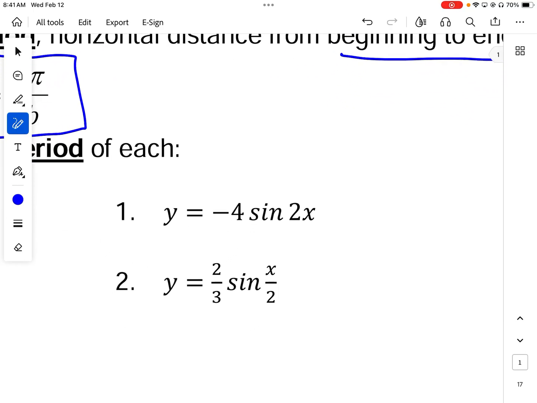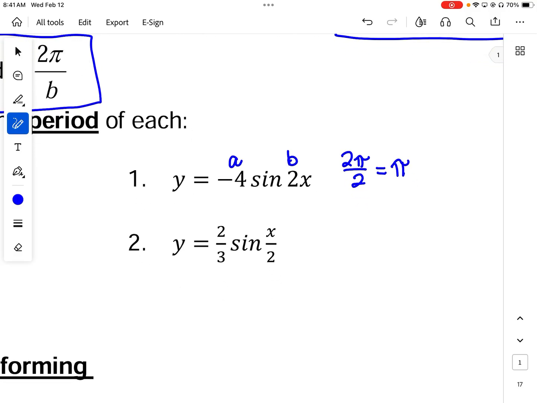All right, so number 1, this is B, this is A. So if you just want to kind of identify them. So to find your period, we're going to do 2 pi over 2. So our period is pi. The next one, 2 pi over, well, this is x over 2.